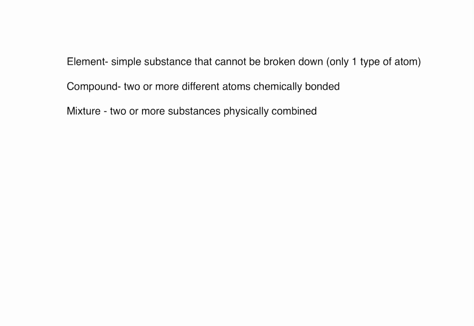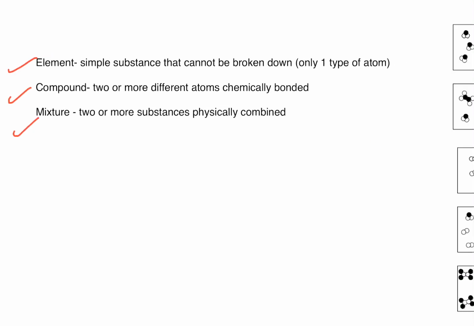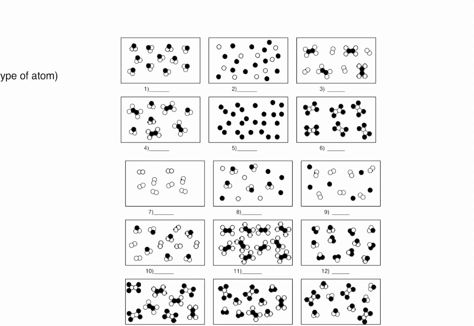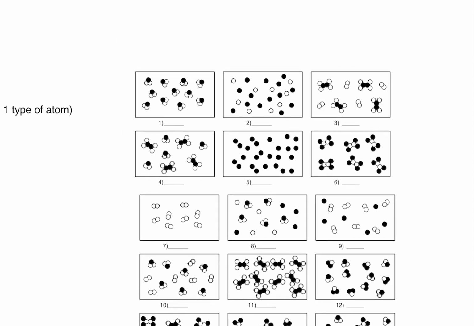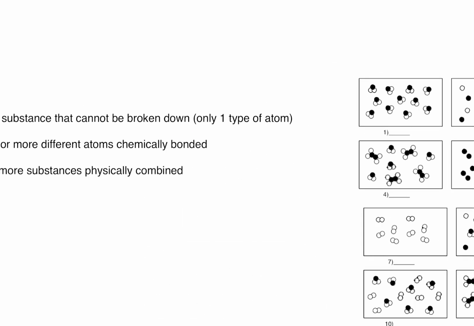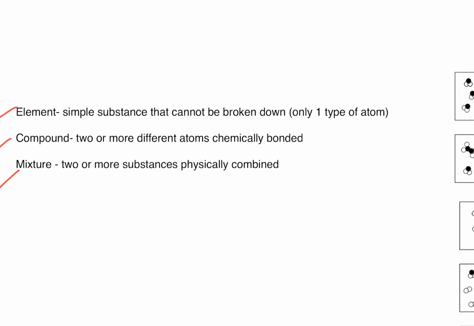Hi everyone, so let's see the correction of last lesson's question. So you have the definitions of these three. Now I've included this definition so that it's easier for us to correct this question. So here, if you look at the first one, you see that you have these molecules here, and which one fits better?